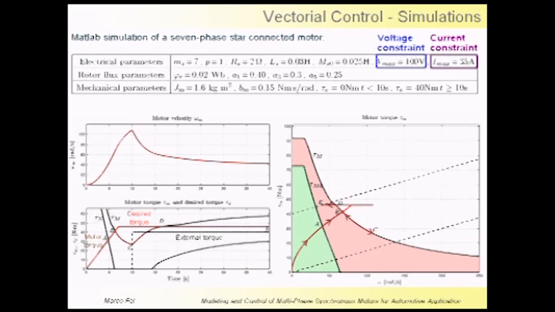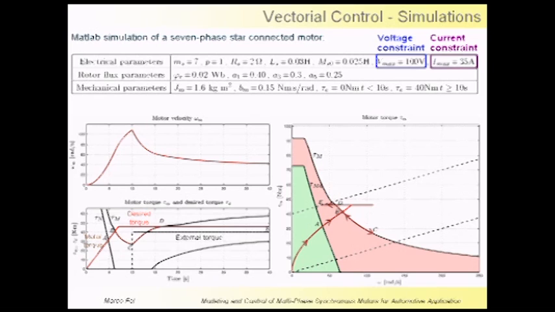So this is the simulation result of the multi-phase synchronous motor in healthy condition. The dynamic behavior of the motor velocity and the motor torque is shown here, and the corresponding trajectory on the torque plane is shown in the left figure. Note that the green zone refers to the minimum dissipation torque control.